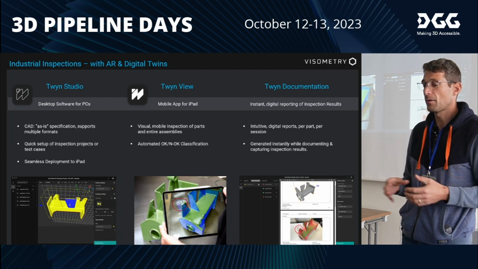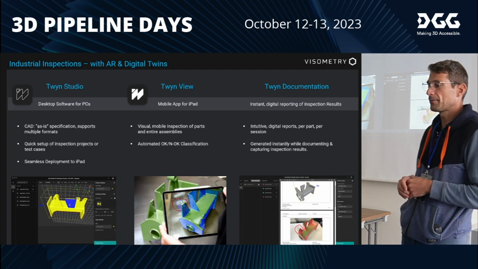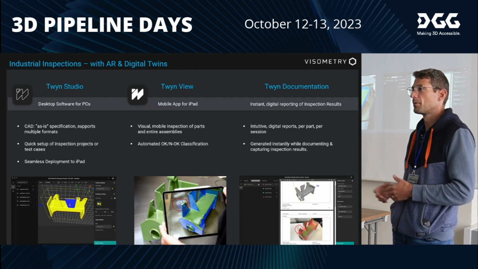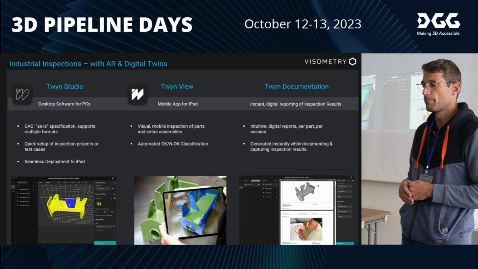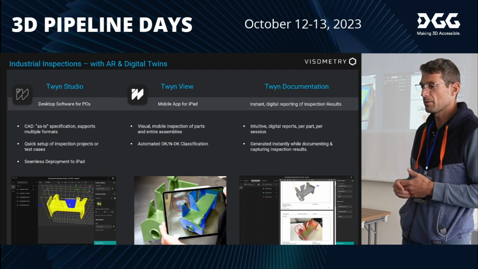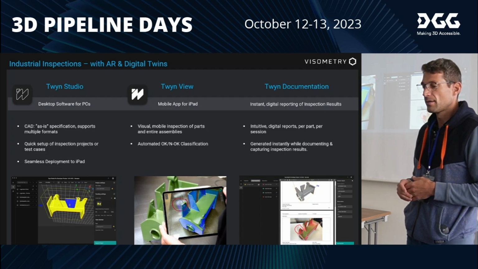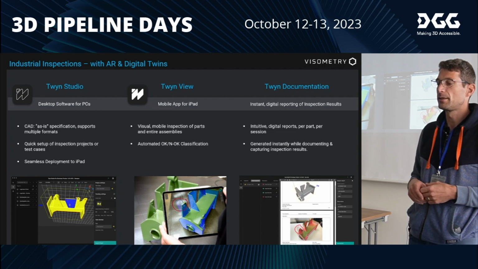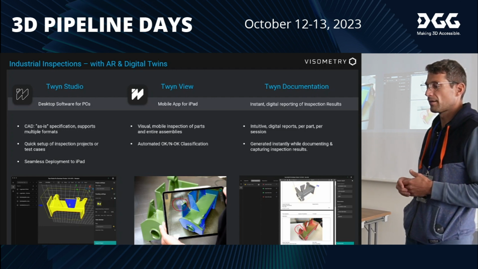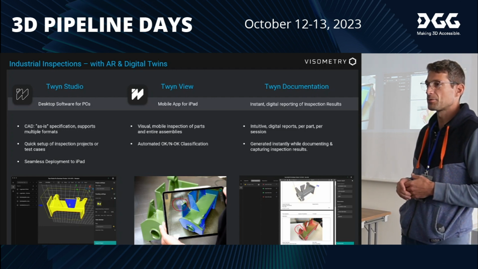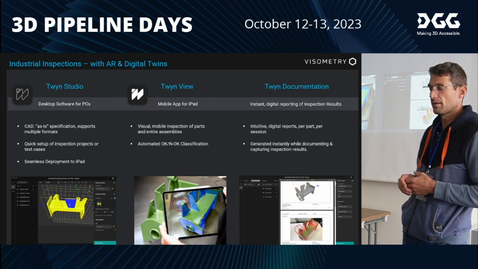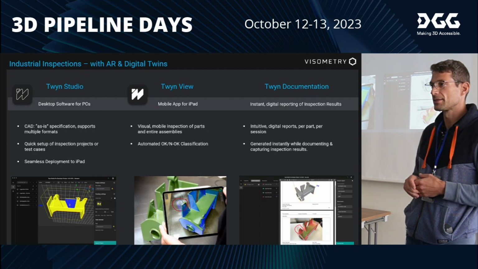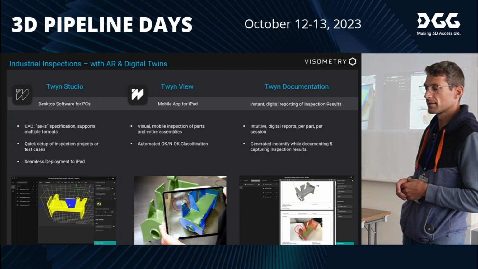Then all this is packed into a project file, which can be transferred to the iPad. And on the iPad, we call this Twyn View, the app, which is then used to carry out the inspection process, where you can just go through your steps and switch different visualizations to check differences between virtual and physical parts.